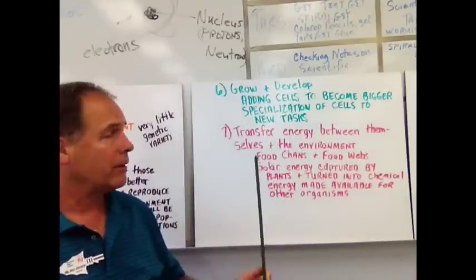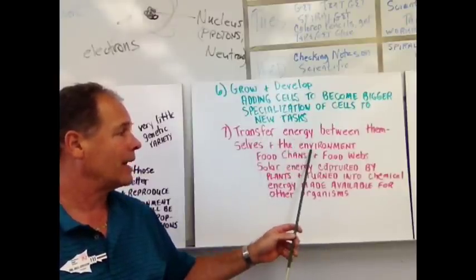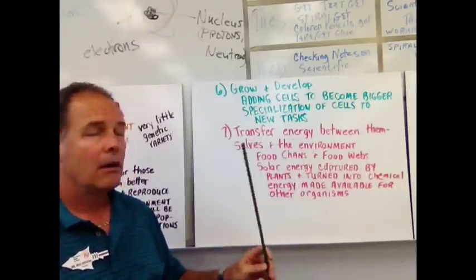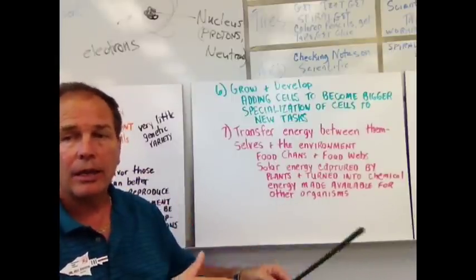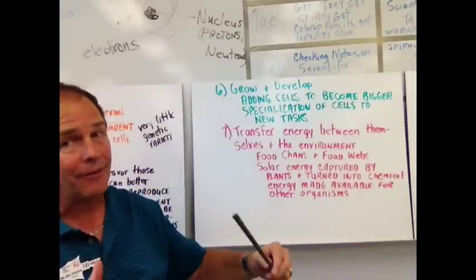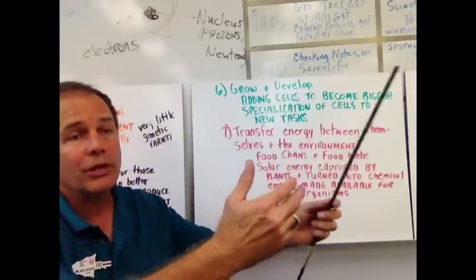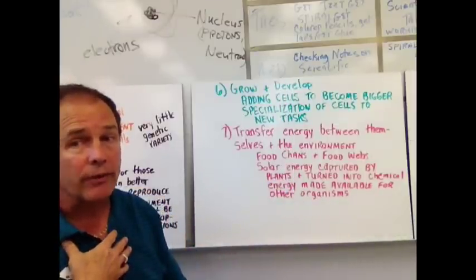Next, very important here, all living things transfer energy between themselves and the environment. Where do I get my energy? I get it from food. And food, be it chicken or be it lettuce, I've got to go to these other organisms to get my energy. I'm heterotrophic, different feeder.